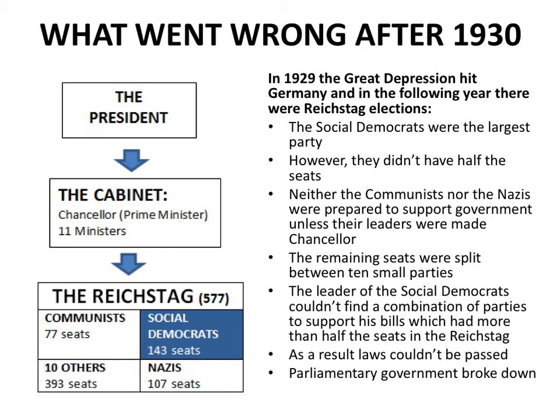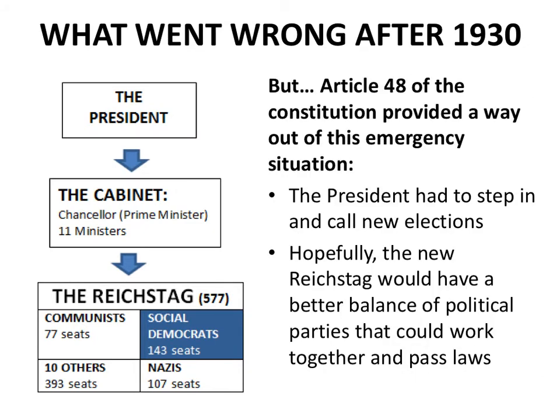So the Social Democrats had no choice but to govern using Article 48. So a reminder of Article 48, they take their bills directly to the President. So effectively the Reichstag is bypassed and is not used in the lawmaking process.